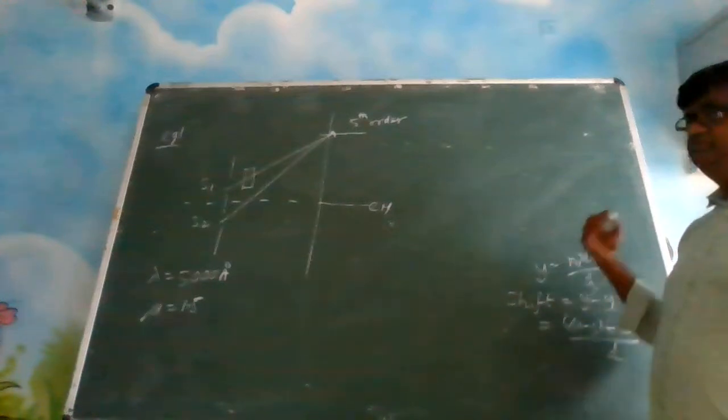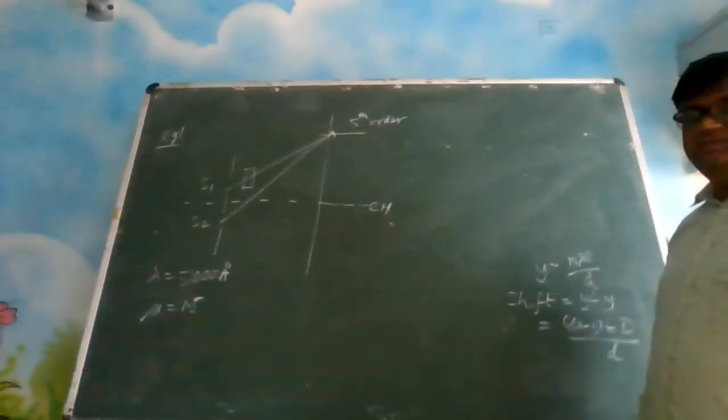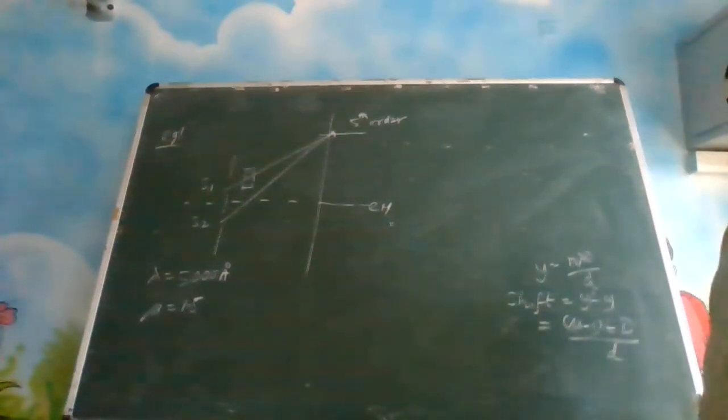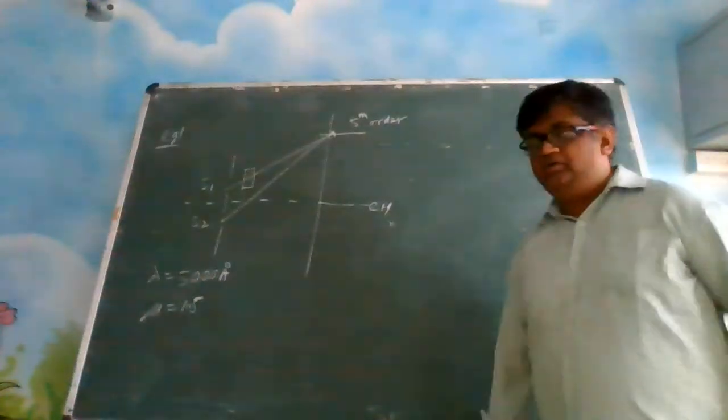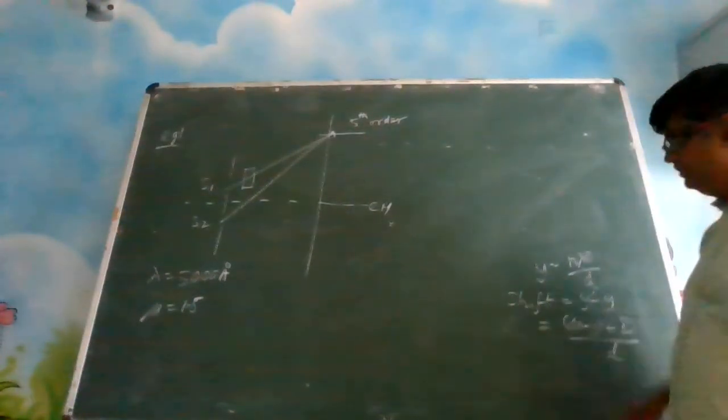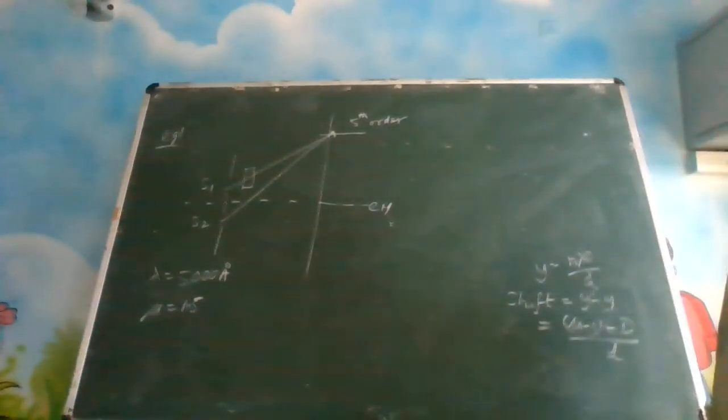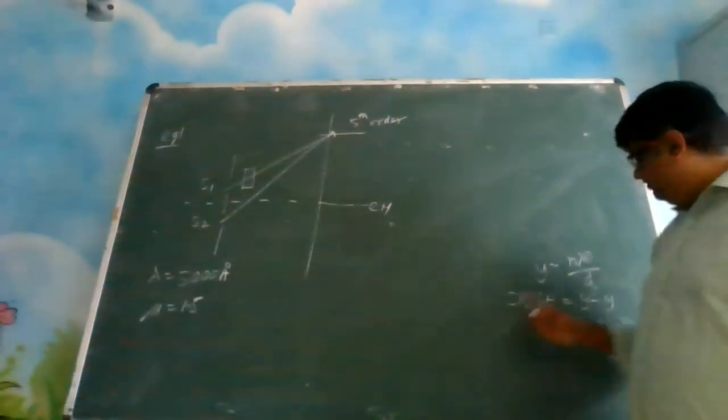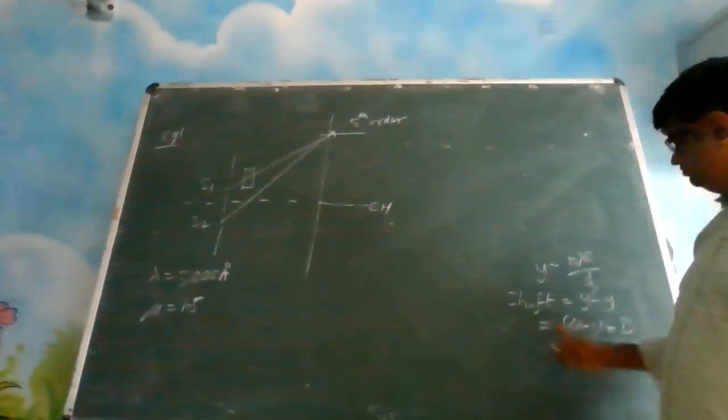So the shift of the fringe, whether it is the 0th order, 2nd order, or 7th order, remains the same because the n value is not there in this expression. So these two observations you can make. Color doesn't matter, because there is no lambda in the shift.